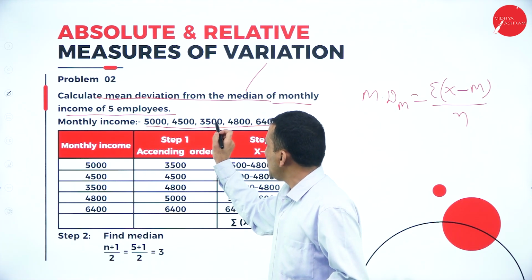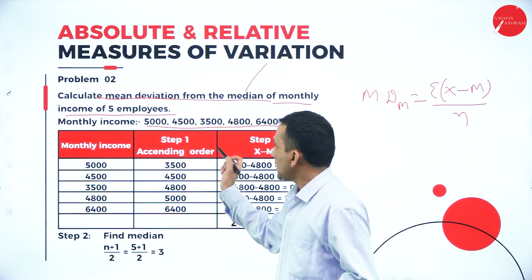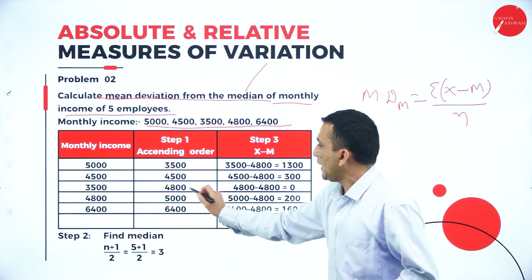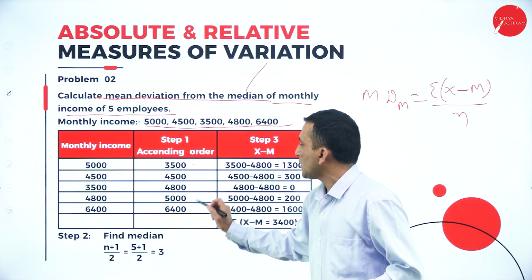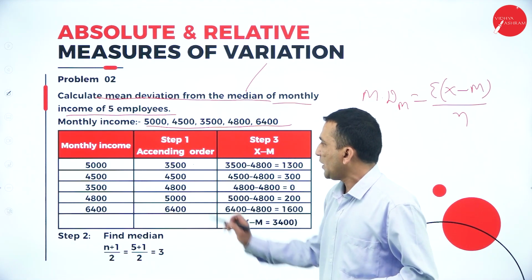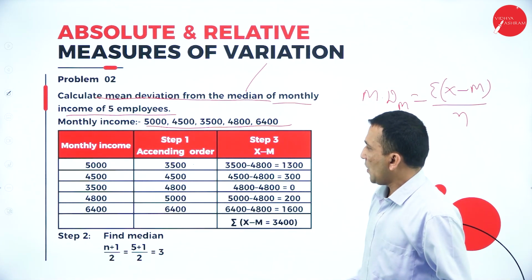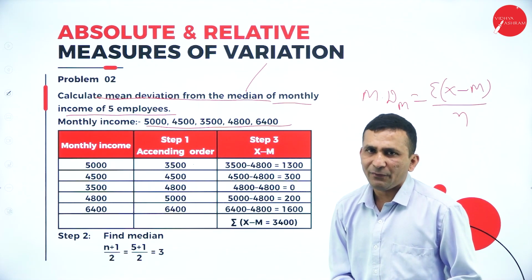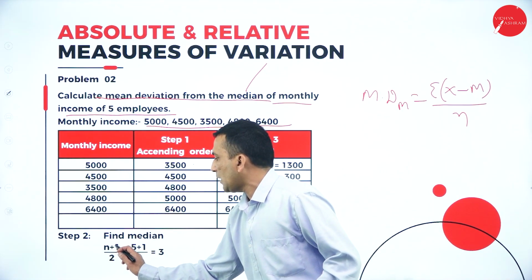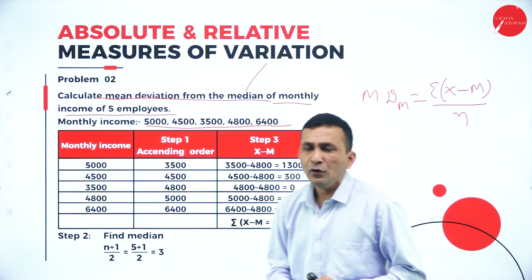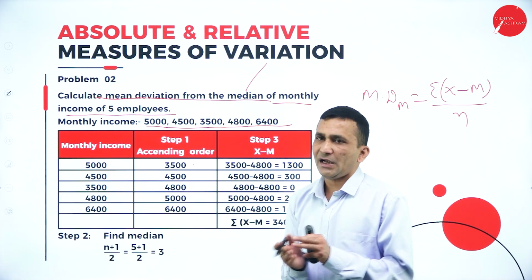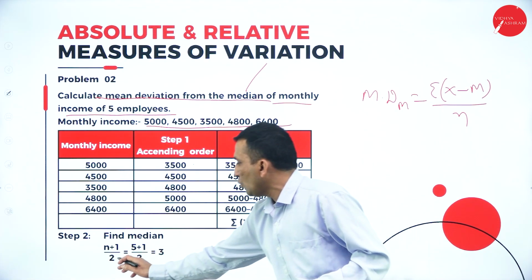So the least value is 3500, the second is 4500, next 4800, next 5000, and the last value 6400. After arranging in ascending order, we apply the formula for discrete data: small n plus 1 divided by 2, because the median always divides the complete set of data equally into 2 parts.